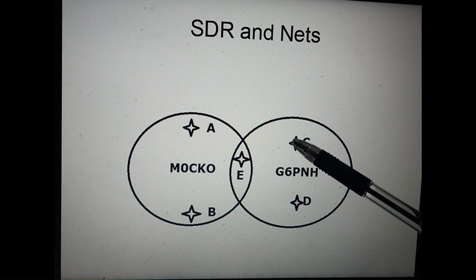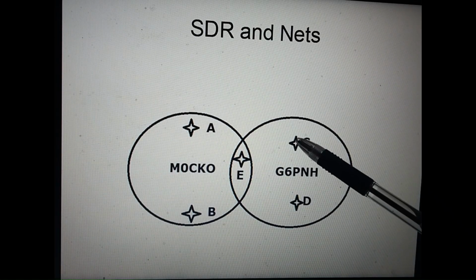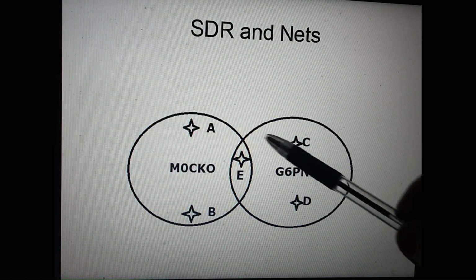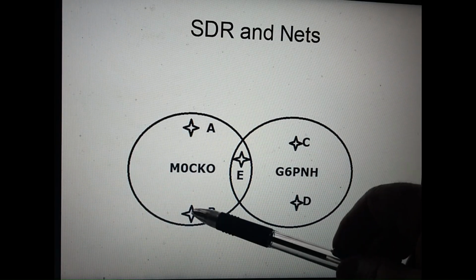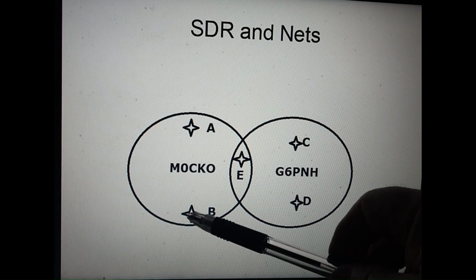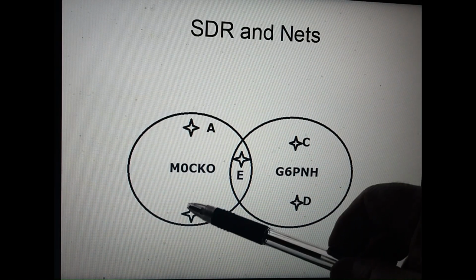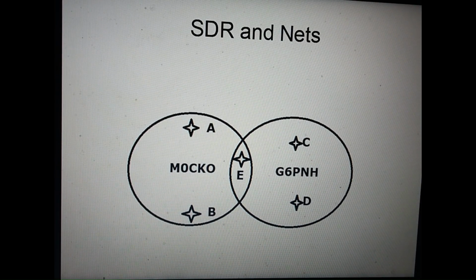However, somebody at point C wanting to transmit in this area might not be able to be received by A or B, but the idea is that A and B can listen to G6PNH.